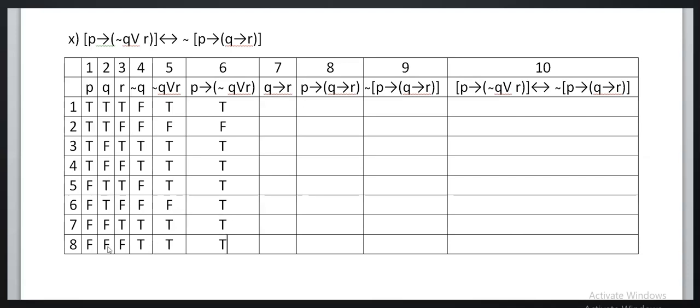F implies T is T, F implies T is T. Now Q implies R: T implies T is T, T implies F is F, F implies T is T, F implies F is T, T implies T is T, T implies F is F, F implies T is T, F implies F is T. Now P implies Q implies R, that is 1 to 7: T implies T is T, T implies F is F, T implies T. Next is T implies T.